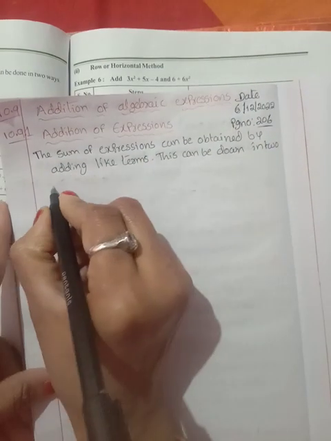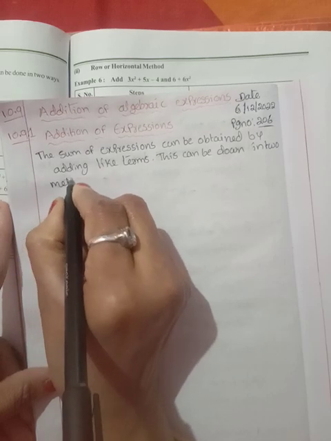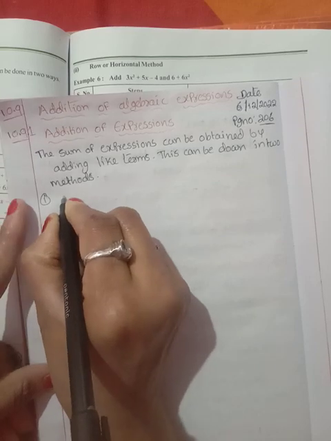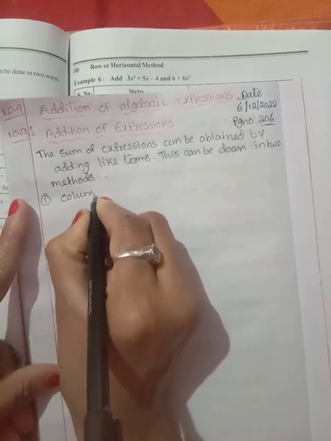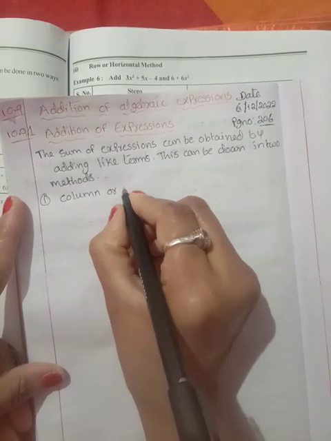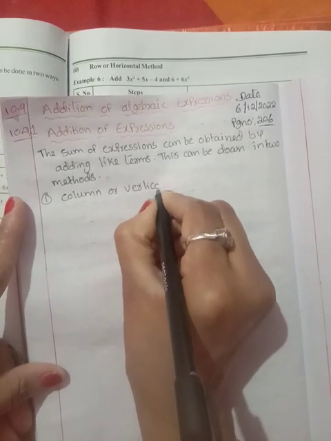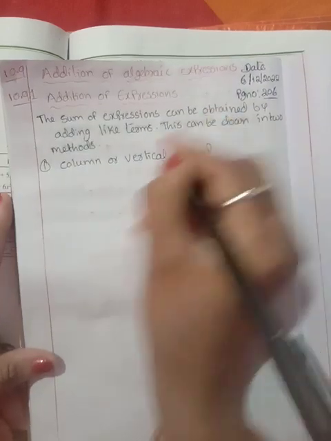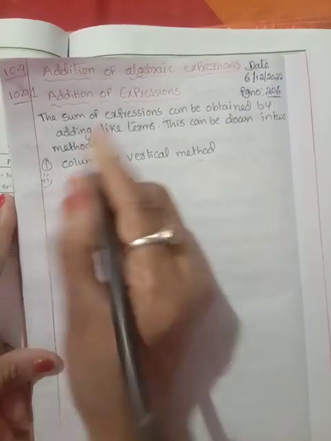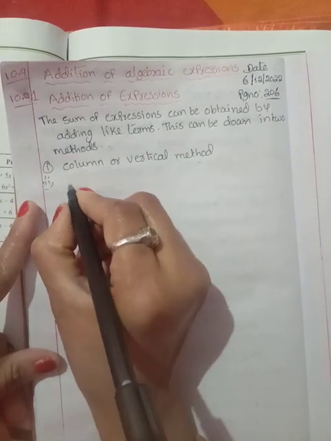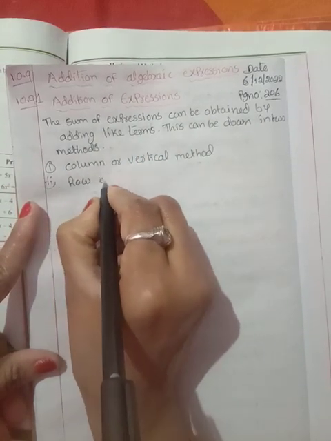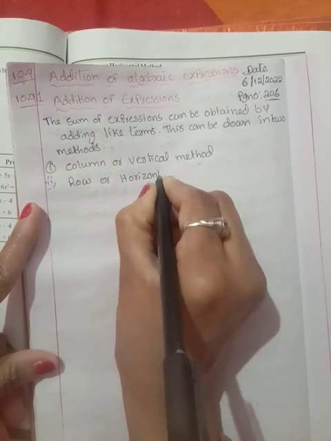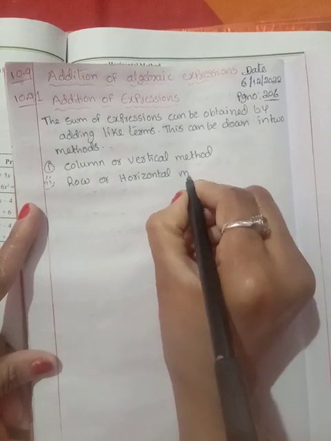First method is the column or vertical method. And second method is the row or horizontal method. Okay, Gagan Sai?